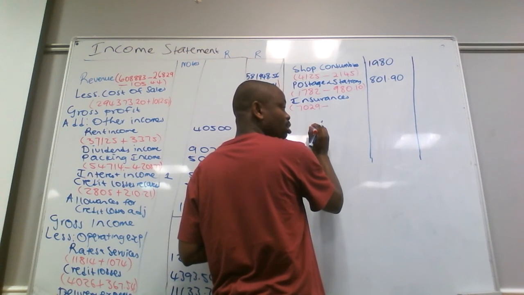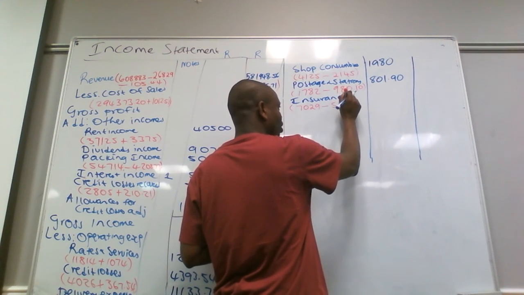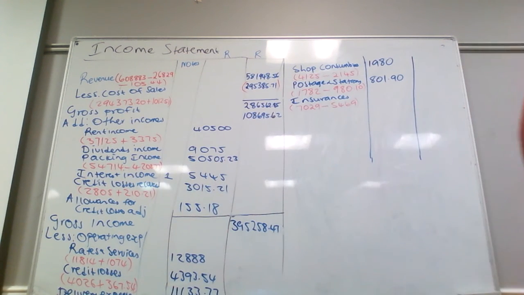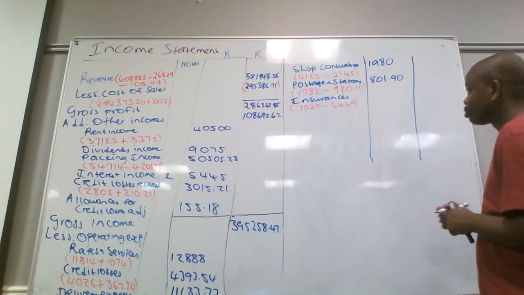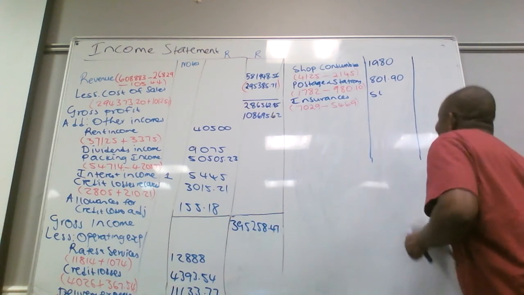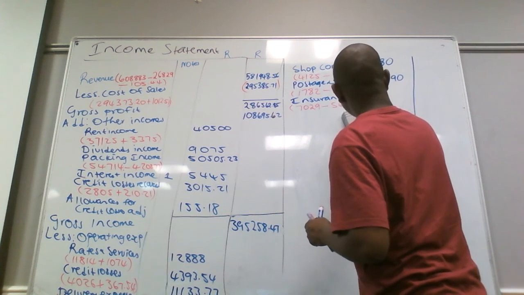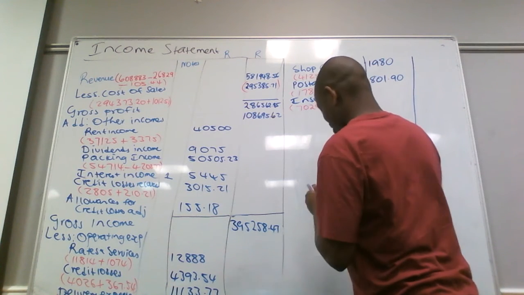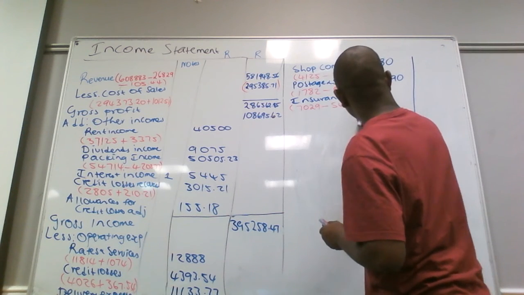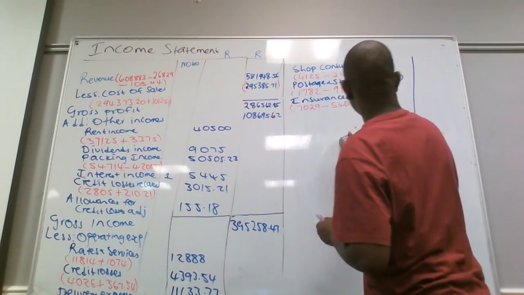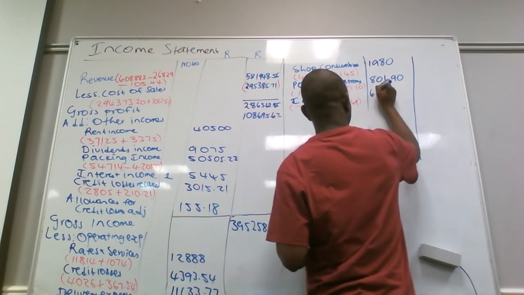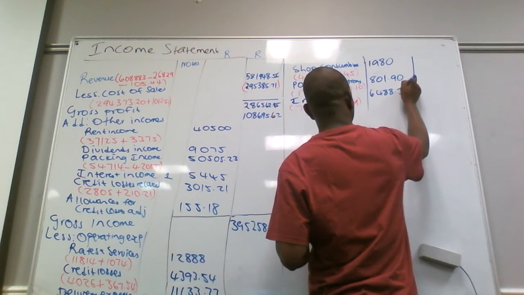How much is it? 540.69. Thank you. Like this. This line looks like something like this. At last, 6488.39. Thank you.